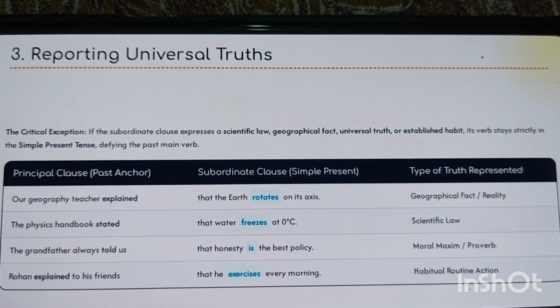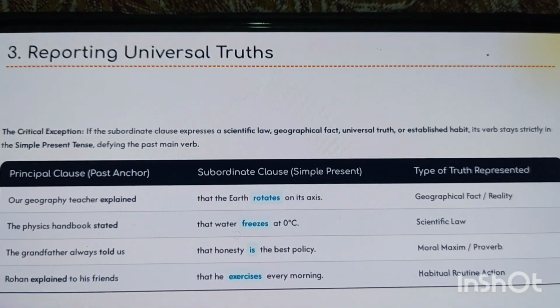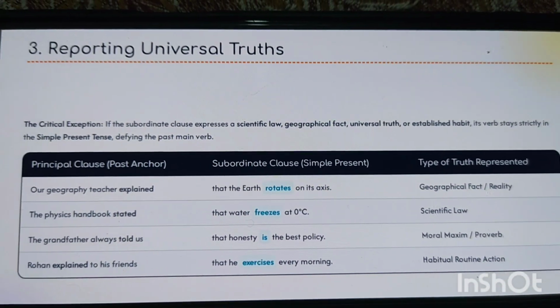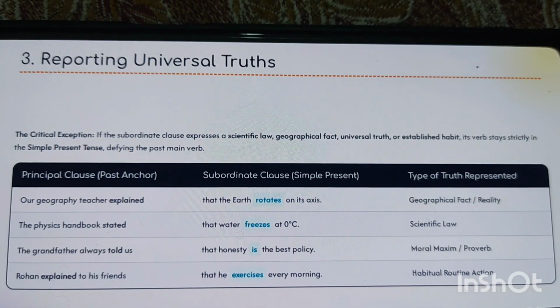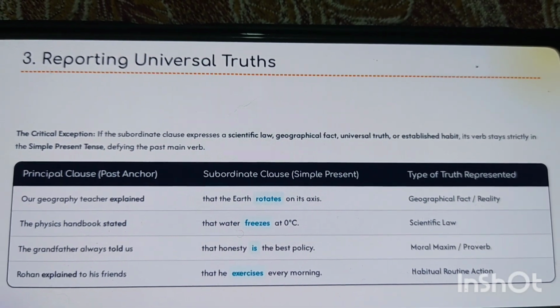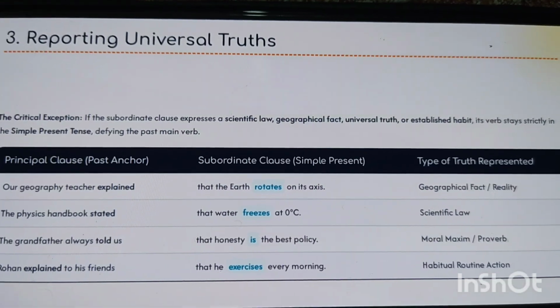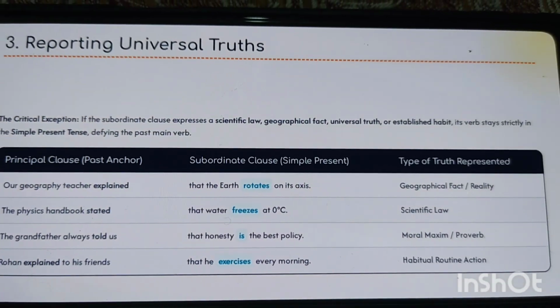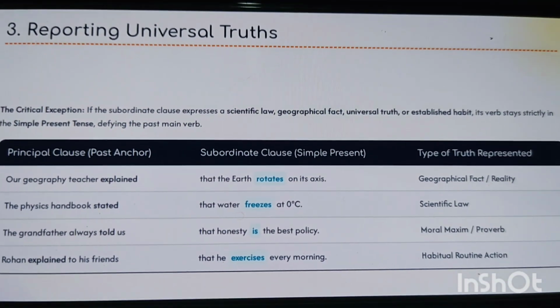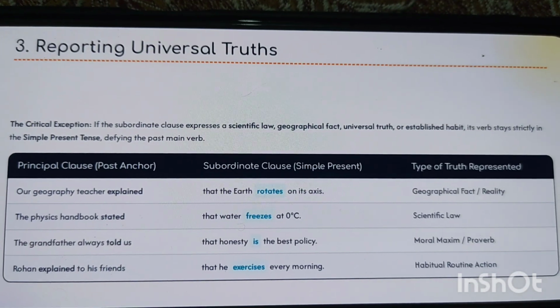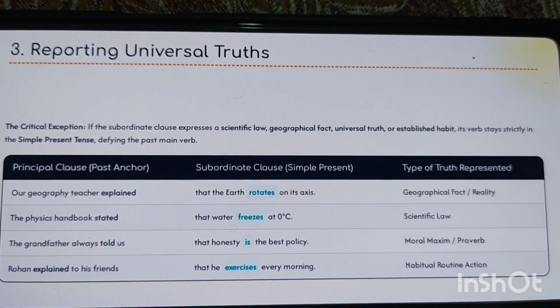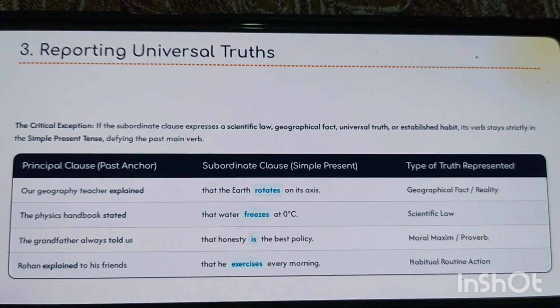So we are taking rotates, a simple present tense, because it is expressing a geographical fact. Another example, Rohan explained to his friends that he exercises every morning. See, we are using the simple present tense, exercises. Why? Because it is expressing a habitual routine action.